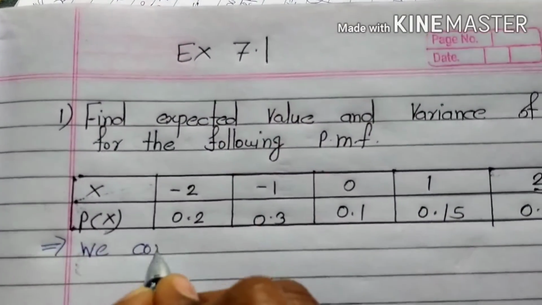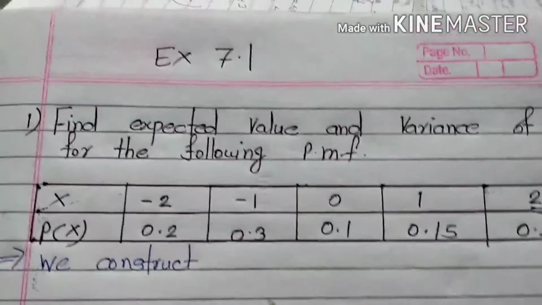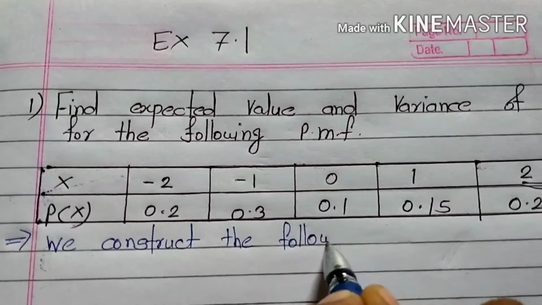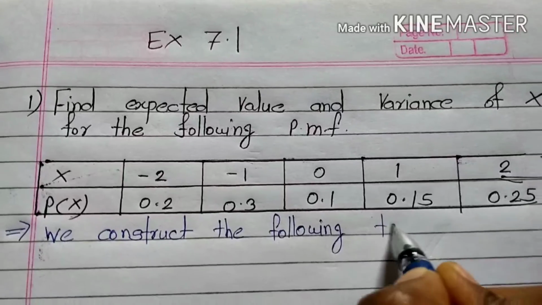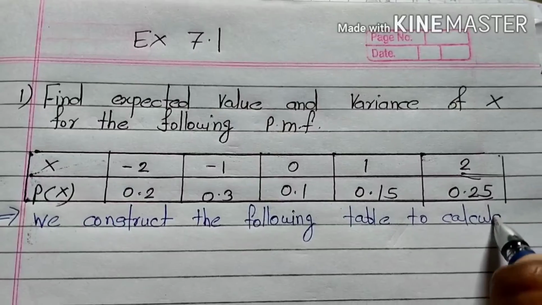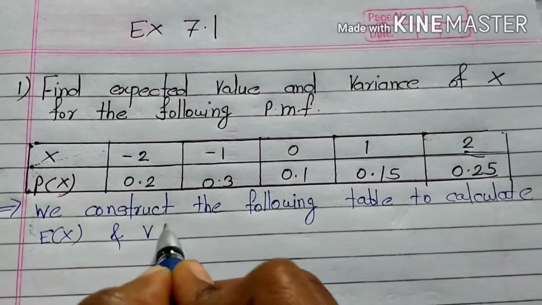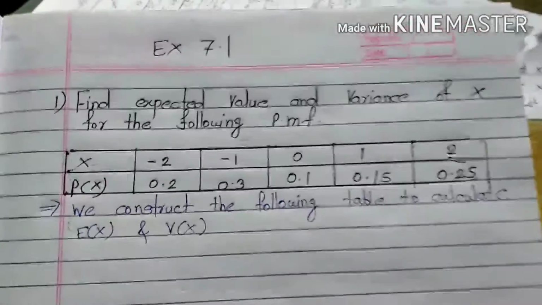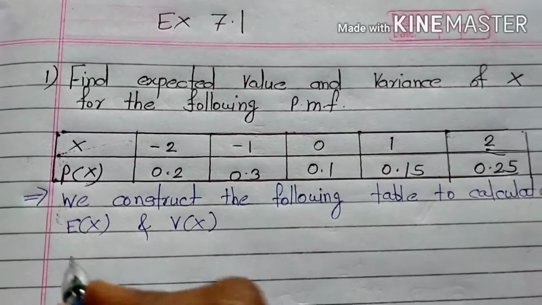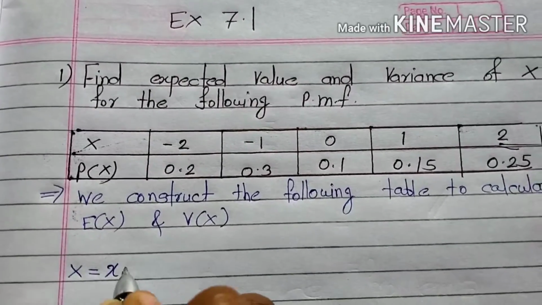We construct the following table to calculate expected value and variance of x. So we have to construct a table. Suppose this is the value x, which is xi.